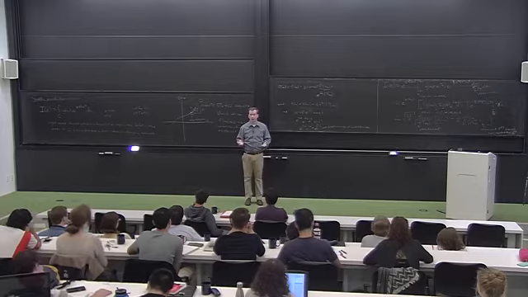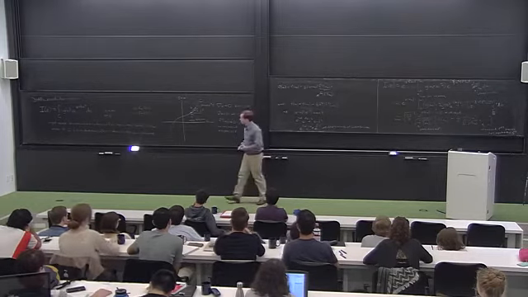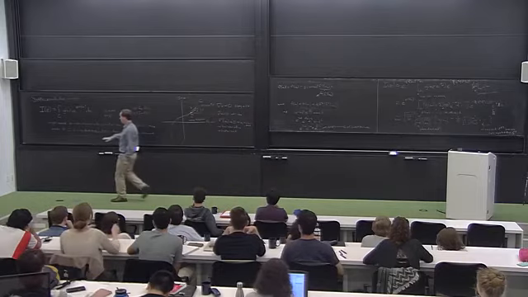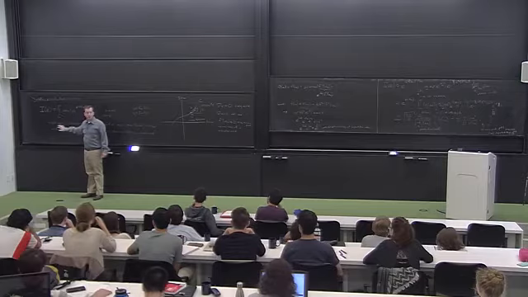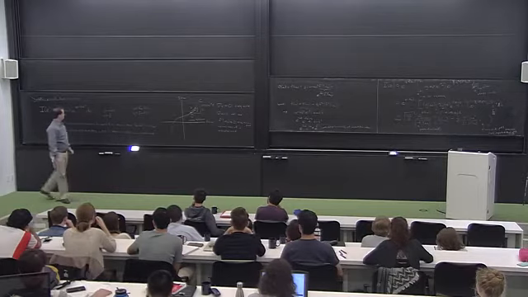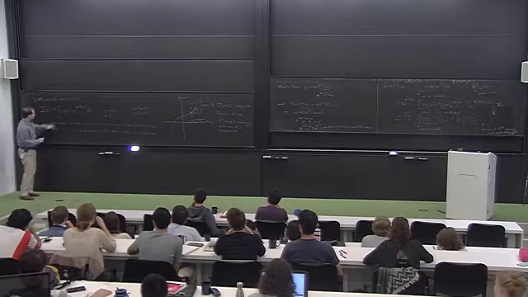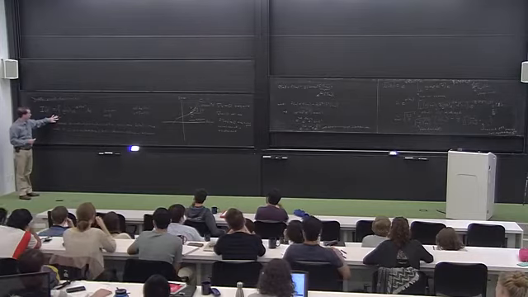But as you saw in tutorial yesterday, you're usually not given the contour that passes through the saddle points. Or not always.